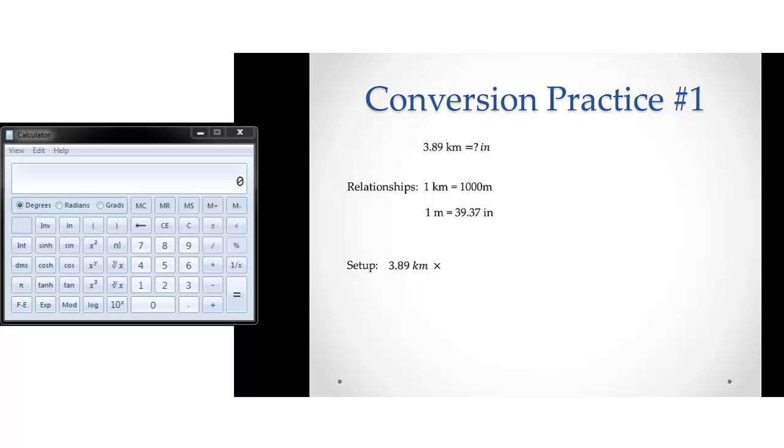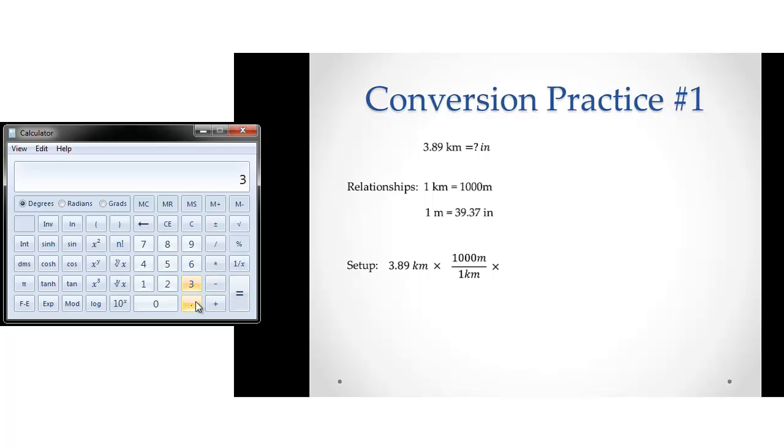Since kilometers is the unit we are starting with and want to get rid of so that we can change over to meters, the unit of kilometers is located in the denominator while the unit we want, meters, is located in the numerator. So 3.89 is multiplied by 1,000, where our units of kilometers will cancel.